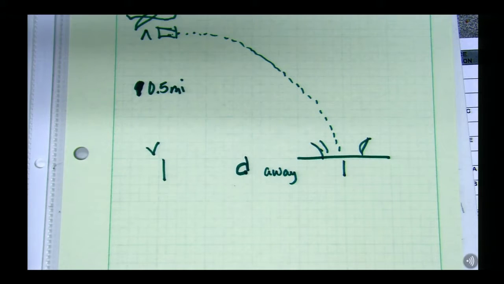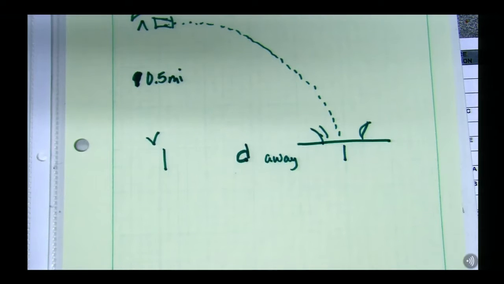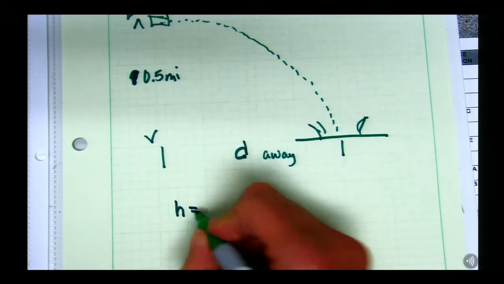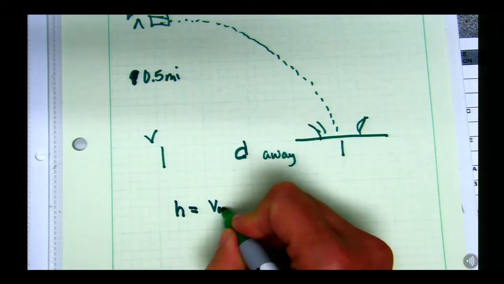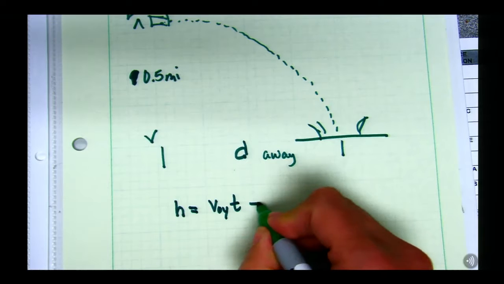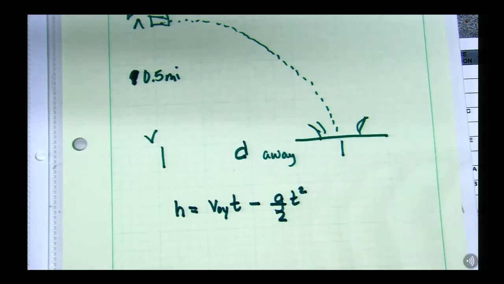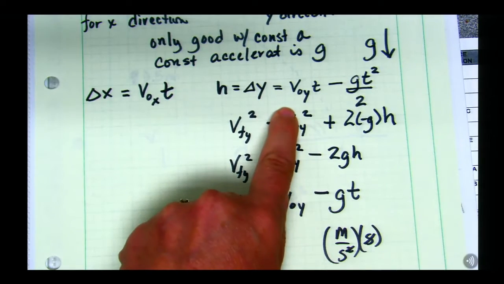So I'm going to use my Y direction to help me calculate the time. The height is going to equal my initial velocity in the Y direction times time minus gravity divided by 2 times time squared. And if I looked at my handy dandy little sheet that I derived those equations, it's that equation right there.